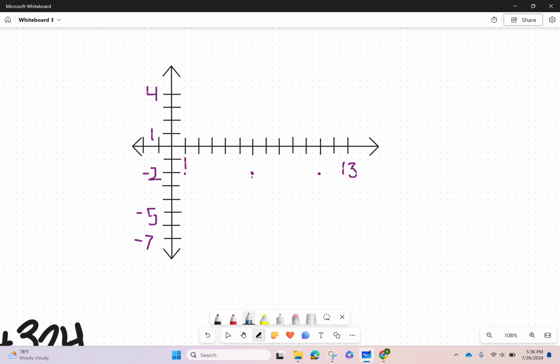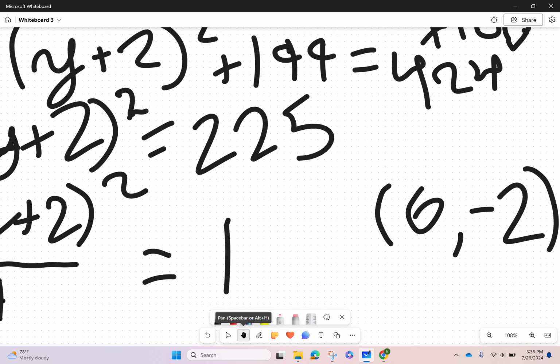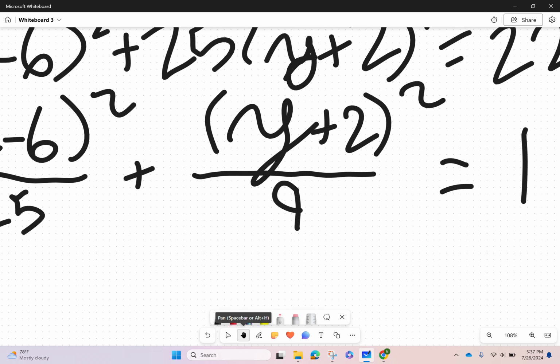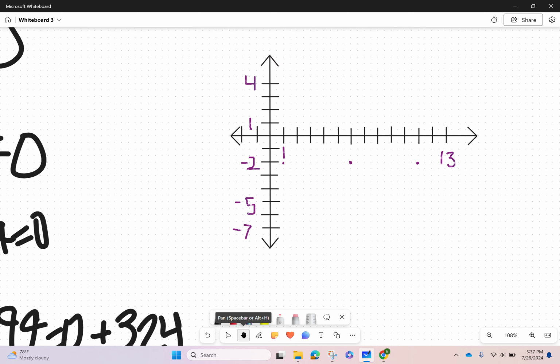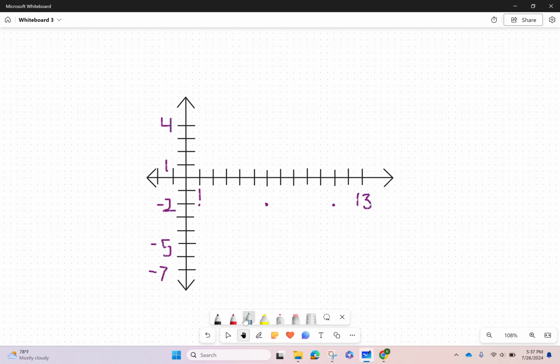Now we need to do the same thing with y, and as I said earlier, we're going to be moving 3 units. And the way I know that is because our denominator here is 9, and the square root of 9 is 3, so there will be a distance of 3 away from the center in the y plane. So for these, we stay on the same x line of x equals 6, right?